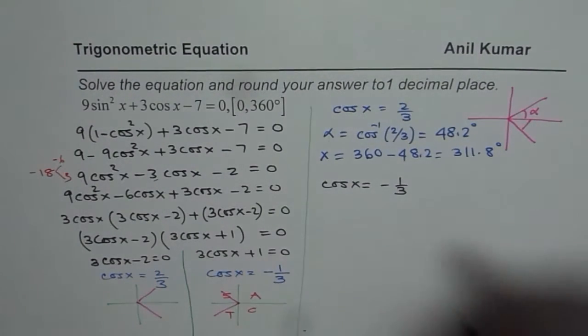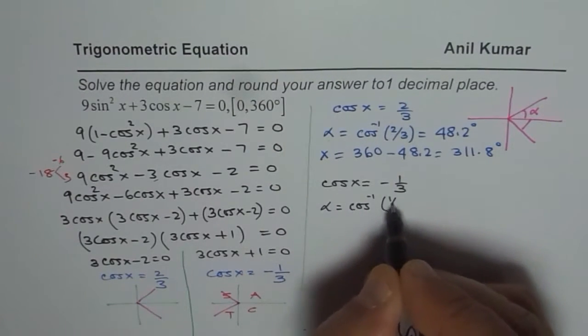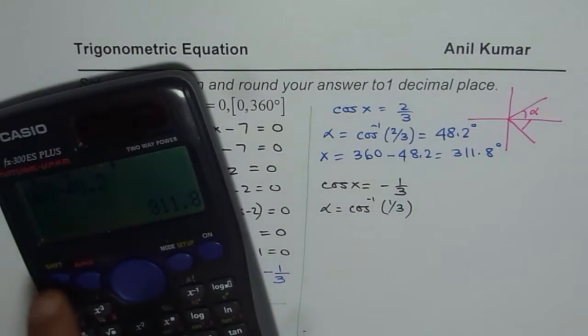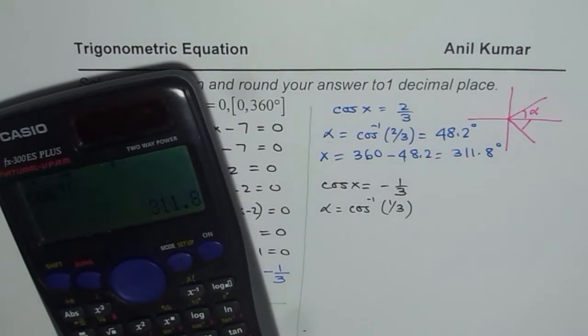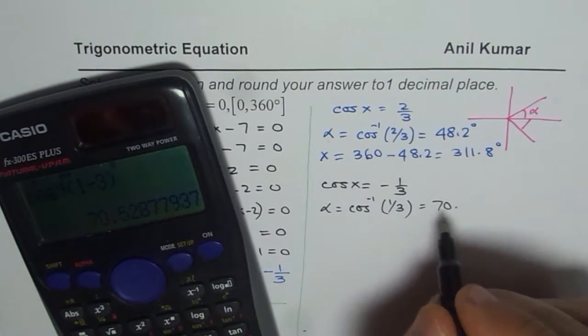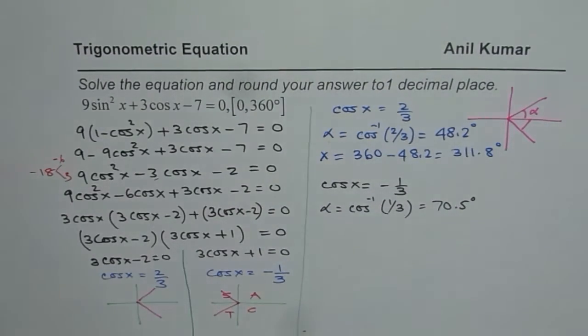Now in this case, the acute angle alpha will be cos inverse of 1 over 3. Alpha is an acute angle, always a positive value, correct? So we'll do shift cos inverse 1 divided by 3 within brackets, which will give us 70.52. So we'll write 70.5, rounding to one decimal place.